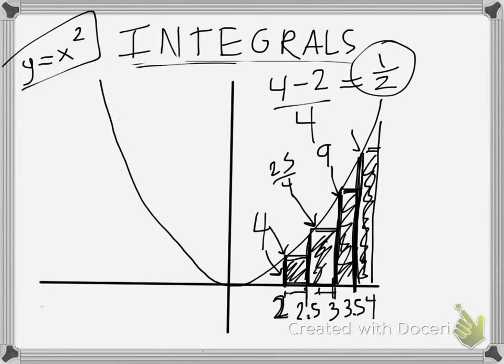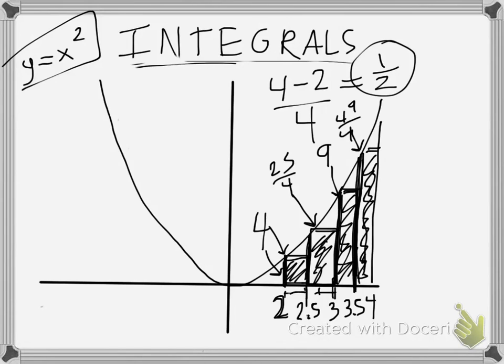And then the height of this last rectangle must be 3.5 squared. 3.5 is the same as 7/2, so 7/2 squared is 49/4. So those are the heights of the rectangles.